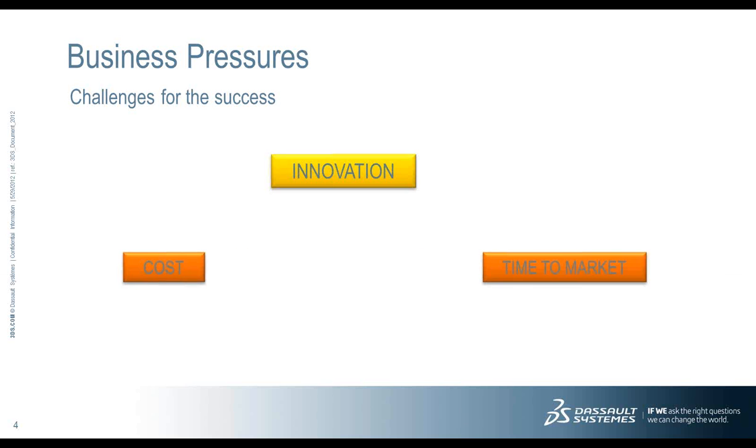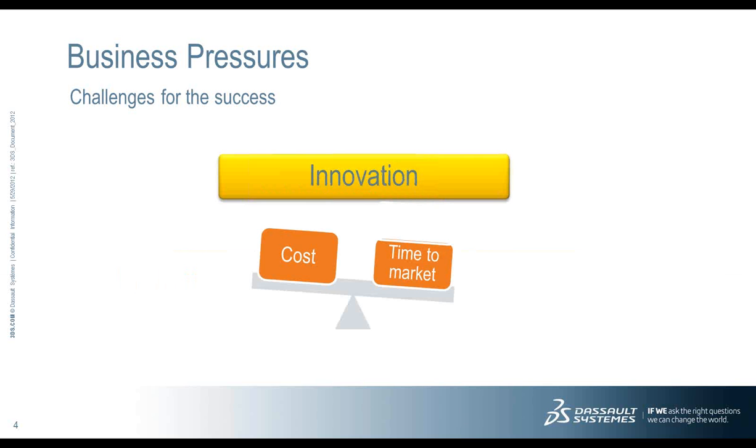Indeed, companies are striving to design innovative products while reducing the cost of product development and time to market. Therefore, companies every day need to find the right product development cycle to balance cost and time to market to come up with the best product for their customers and prospects.